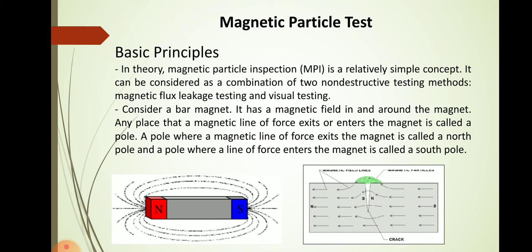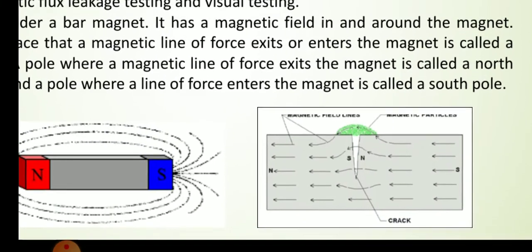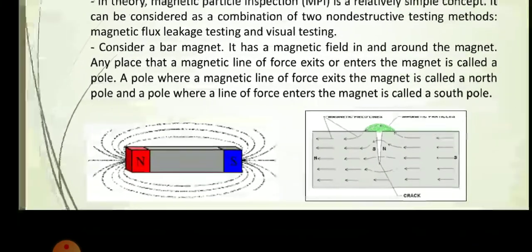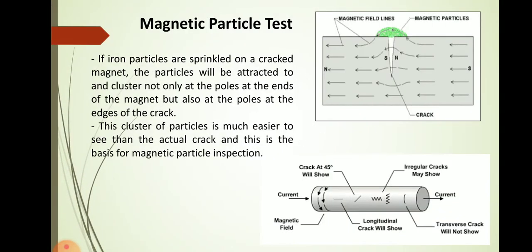Wherever the magnetic field lines enter inside that specimen is the south pole, and wherever these lines exit, that is the north pole, that you can observe in this diagram on the right hand. So here magnetic field lines start from the S pole and end in the north pole. So whenever electric current has been passed through the specimen, those magnetic field lines will get generated.